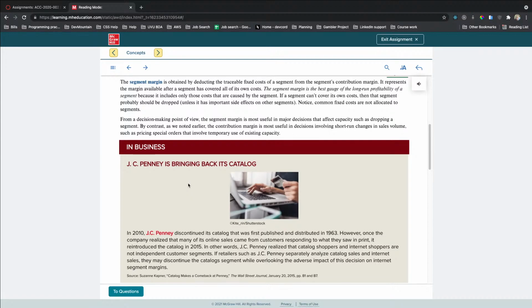From a decision-making point of view, the segment margin is most useful in major decisions that affect capacity, such as dropping a segment. By contrast, as we noted earlier, the contribution margin is most useful in decisions involving short-run changes in sales volume, such as pricing special orders that involve temporary use of existing capacity.